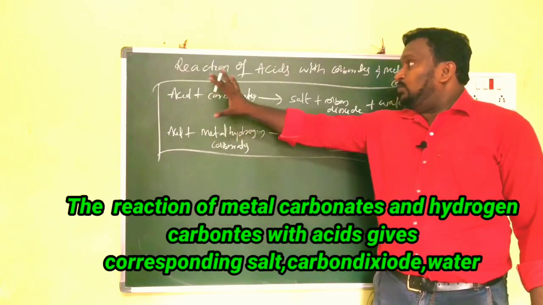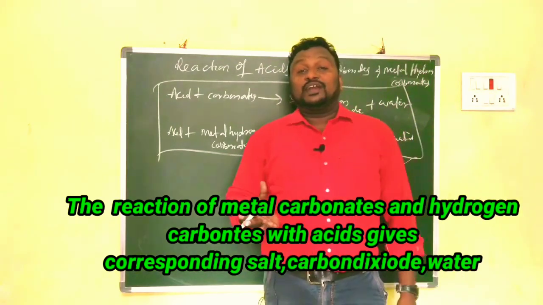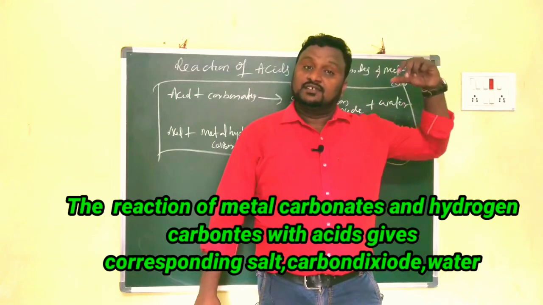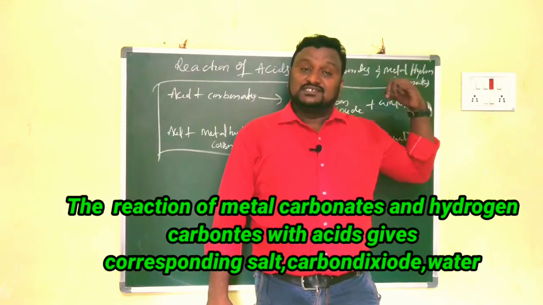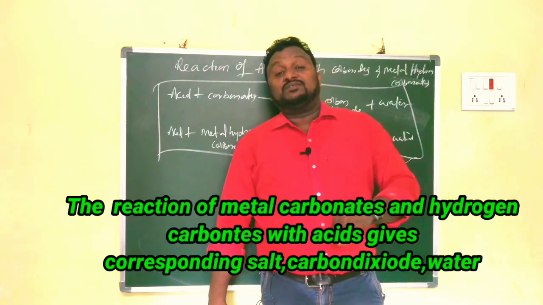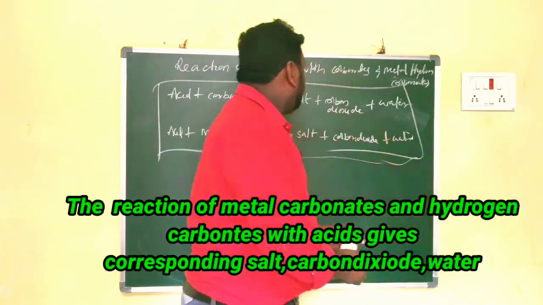Same thing here: when acids react with carbonates and hydrogen carbonates, what products do we get? Carbon dioxide, salt and water. So in this activity we have to explain the same thing. Clear?